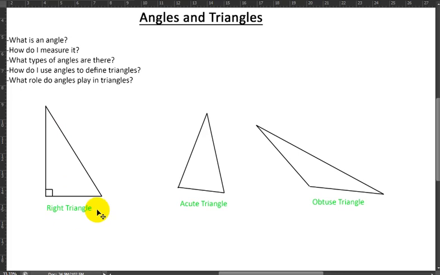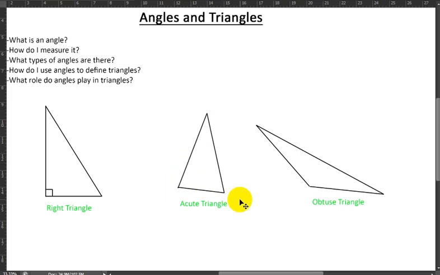These triangles have one right angle and 2 more angles that will always be acute. We'll explain why later. An acute triangle has 3 acute angles. There's nothing really special about it.